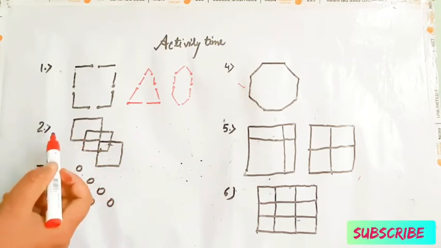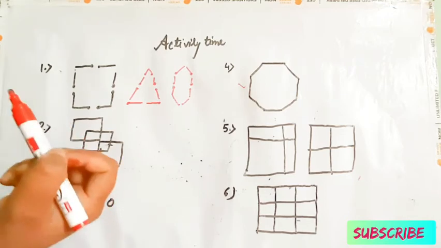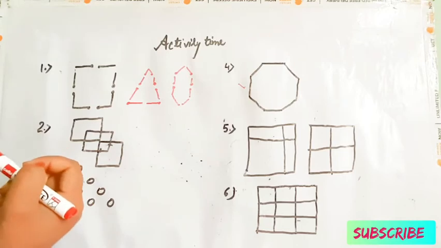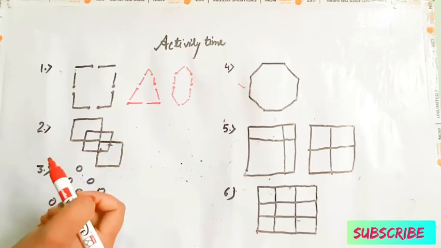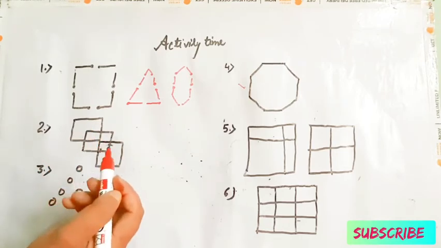Now we have to draw this figure without lifting the pen, and it must not cross itself. So how will we draw?